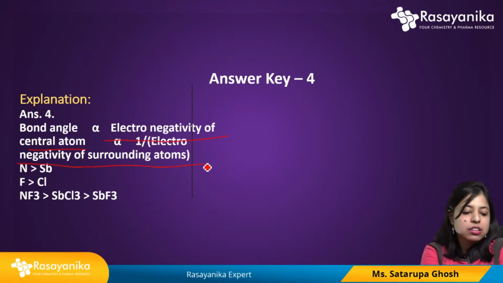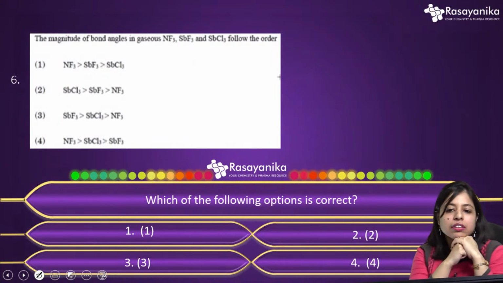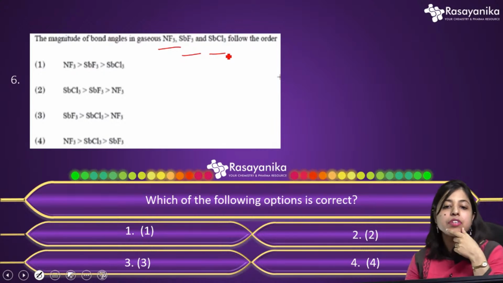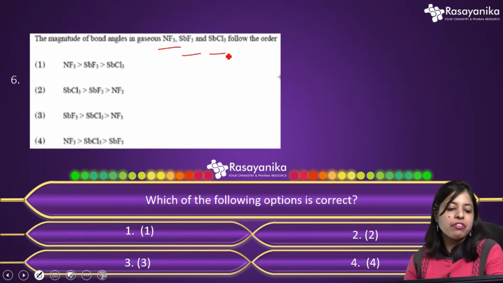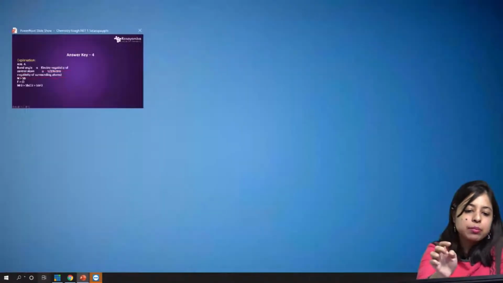Just follow these things and look at our question. There are three molecules, NF3, SbF3 and SbCl3. So which is the central atom among these? Nitrogen has the most electronegativity, right? Nitrogen is more electronegative than antimony, right?